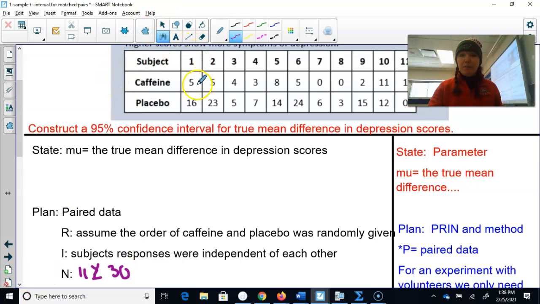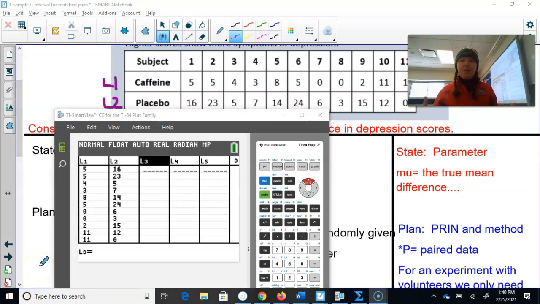So what I want to do in my calculator is put L1, the caffeine, and L2, the placebo. Let's pause it and then we'll join together and I'll show you how to type in L3. Okay, now I'm interested in the difference between the placebo and the caffeine, and I like to work with positive values when we're dealing with differences. So I'm going to briefly look and see which one has bigger values.